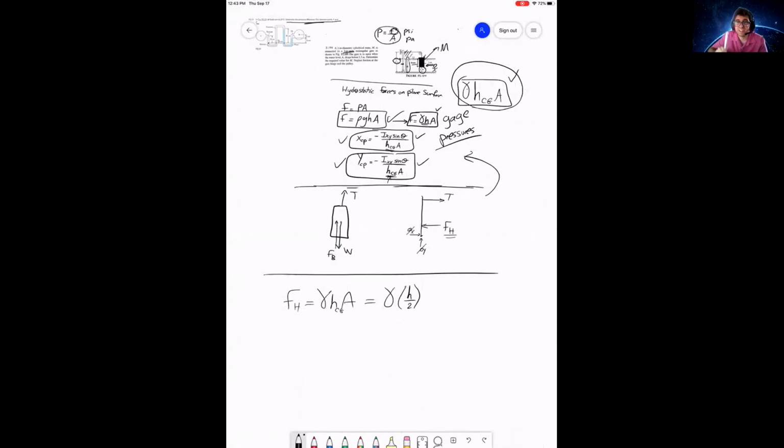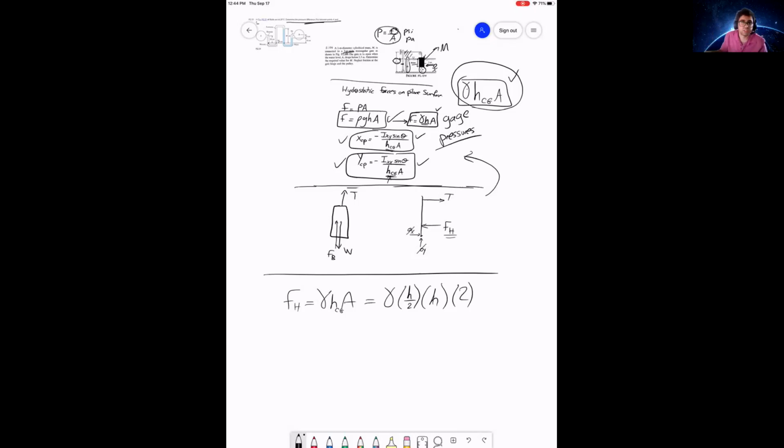Oh, we're only dealing with the part of the gate that is submerged into water. So that would be H times 2. Exactly. Yes. I think now you get it. Yes, I got it. H times 2.